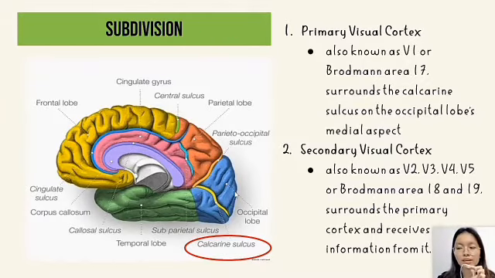Functions of the secondary visual cortex, or V2. It receives strong feed-forward connections from V1, direct and via the pulvinar, and sends strong connections to V3, V4, and V5. It also sends strong feedback connections to V1.